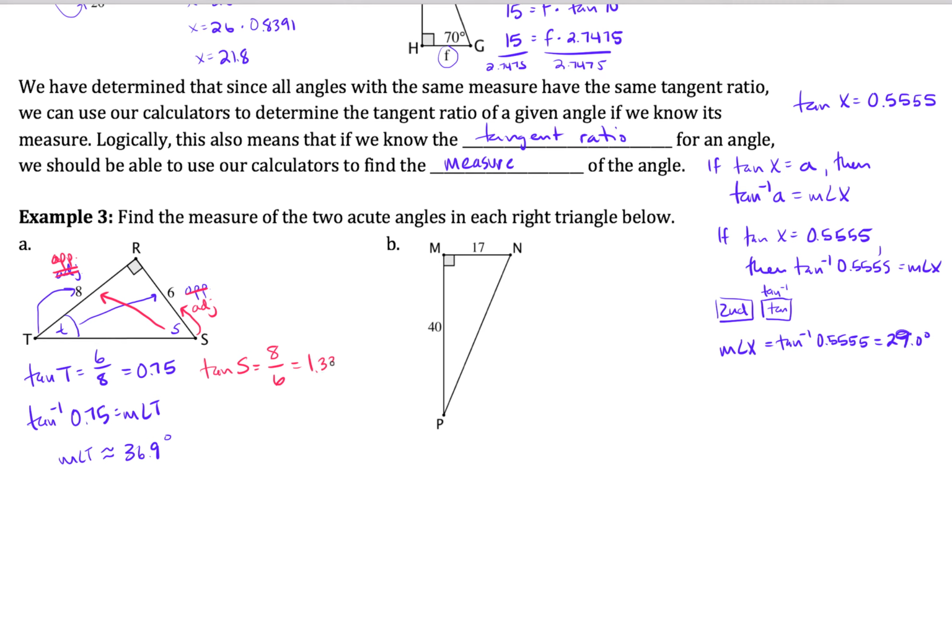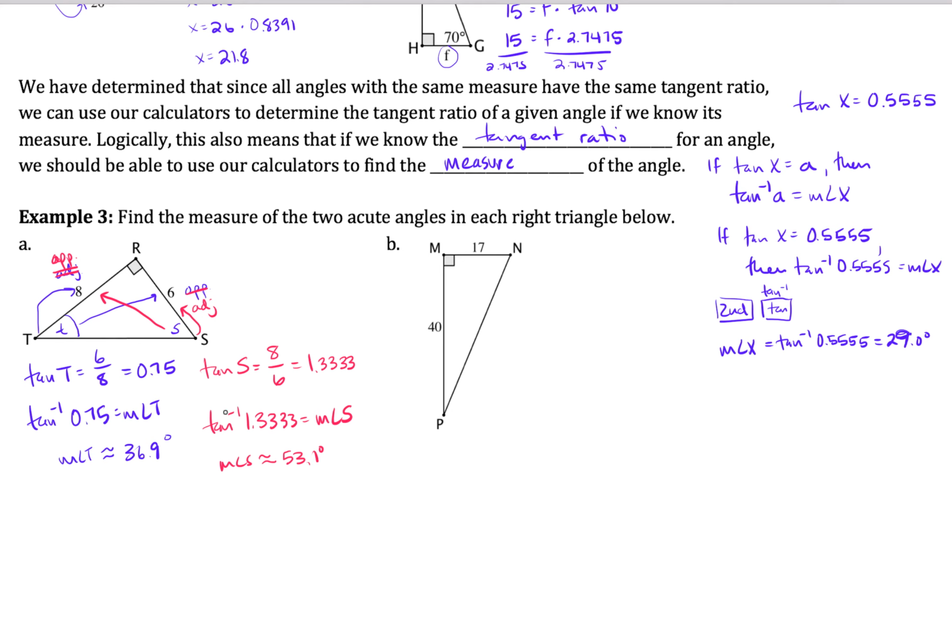It comes out as about 1.3 repeating, which I'm going to write down as 1.3333. So if I do the tangent inverse of 1.3333, that should give me the measure of angle S, about 53.1 degrees. So angle T is 36.9 and angle S is 53.1.